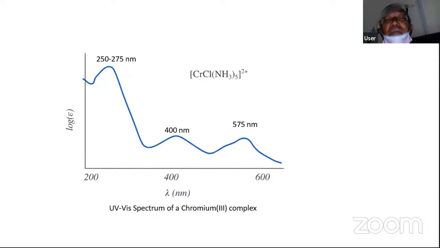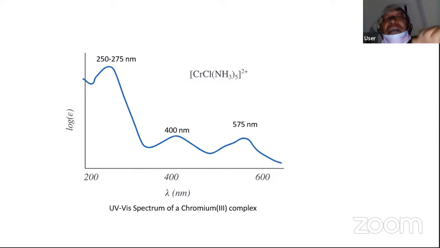When you study the spectrum of the chromium complex, in this case the ligand is chlorine, another 5 ammonia. This is octahedral, the coordination number is 6. You have a maximum peak here, 1, 2, and 3. From the spectroscopic point of view, you have learned to assign what this peak is.